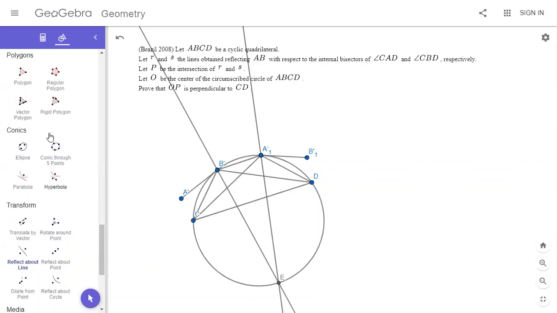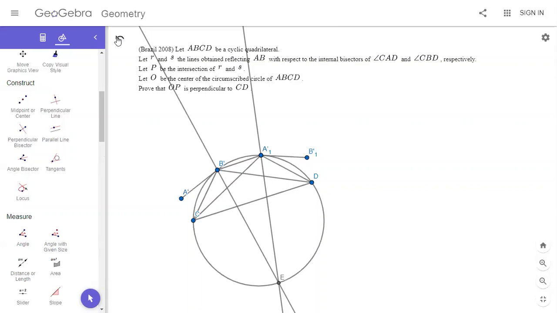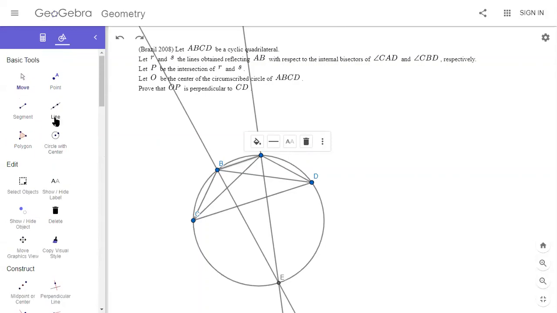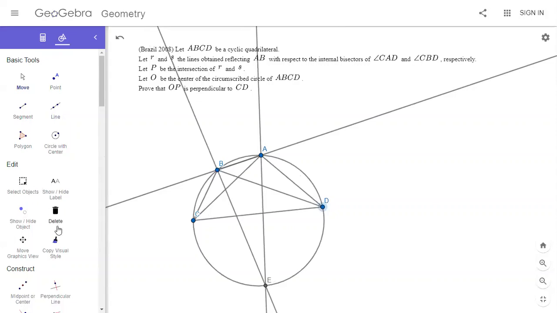And then we see, yeah, it probably would have been easier. You know what? I'm going to do it like this just because it's bothering me. I'm going to draw the whole line AB instead of just a segment AB. This almost looks like a trapezoid, but okay.